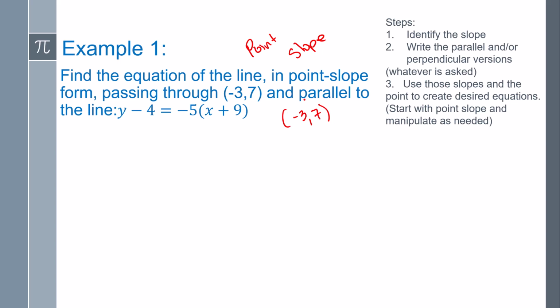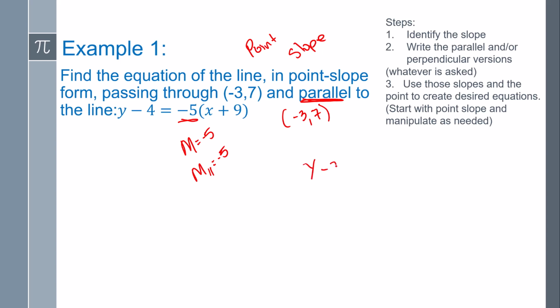But now I need the slope. And so the slope has to be parallel to the slope in the problem. Well, the slope in the problem is going to be negative 5. Parallel slope means same slope. So the same slope or the parallel slope is also going to be negative 5. And so therefore, now that I have my point and now that I have my slope, now I can create my equation.